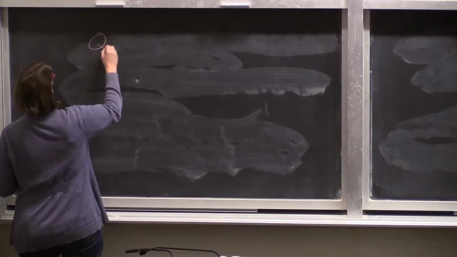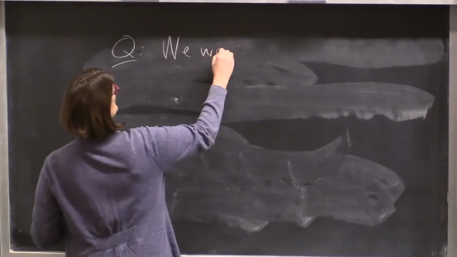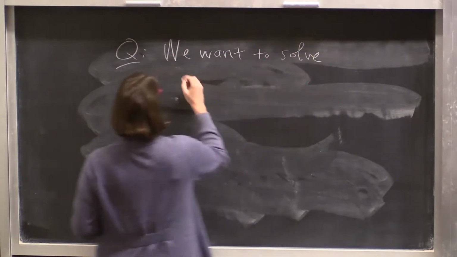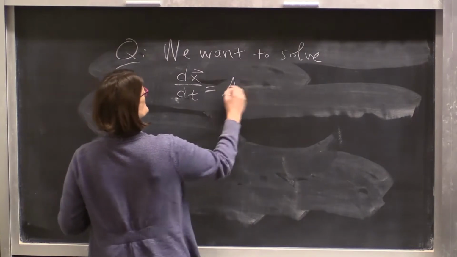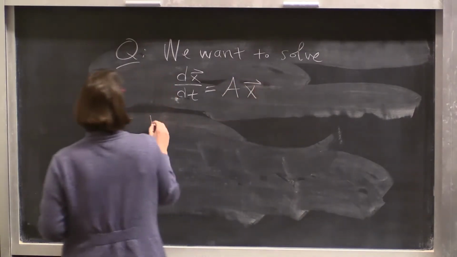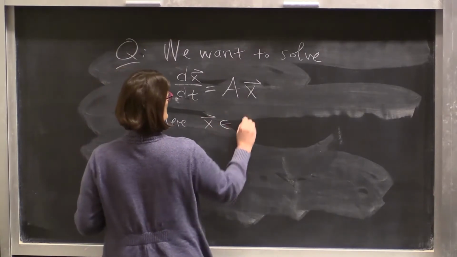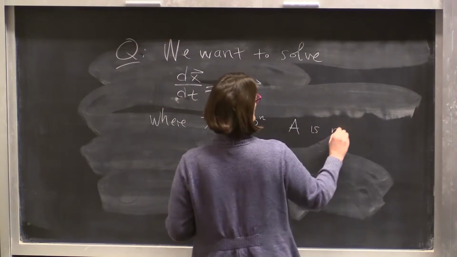So the question for the beginning of today's lecture is, we want to solve dx/dt equals A times x, where x is in R^n and A is n by n.